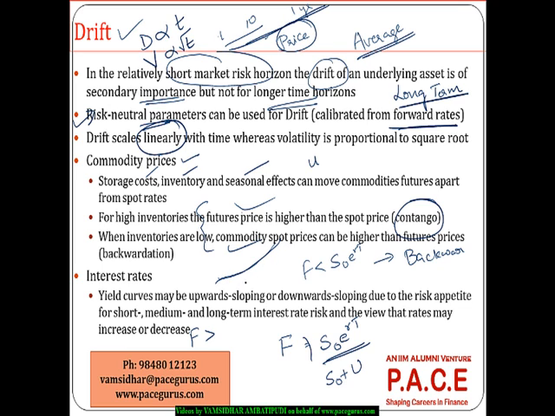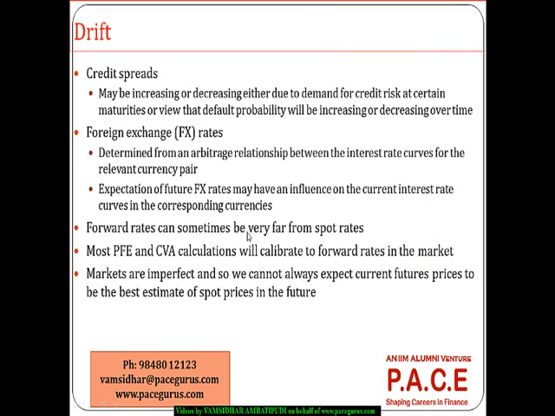And at the same time, how the market perceives, okay, within the next 1 year, are the short-term interest rates expected to go up or go down? So the yield curve will be changing consistently. Similarly, the credit spreads, in some cases they could be increasing, in some cases they could be decreasing, depending on the availability of the credit or depending on the default probability.